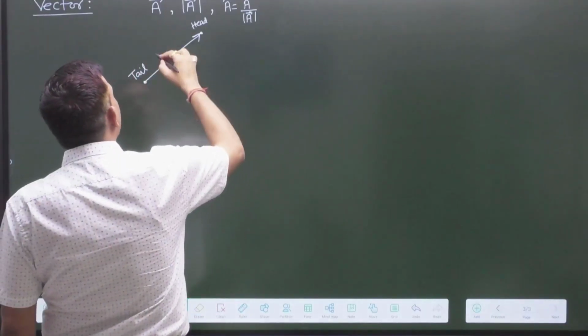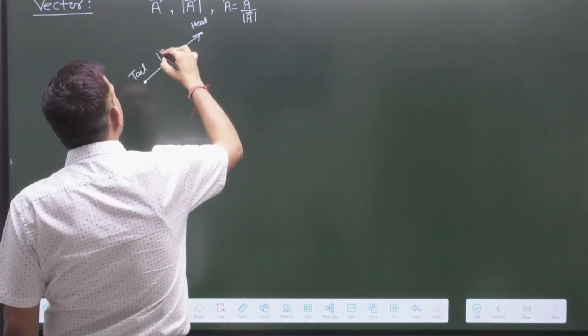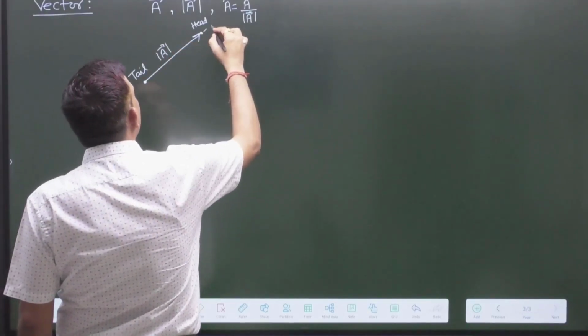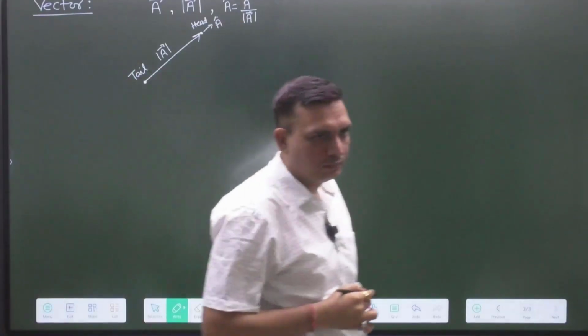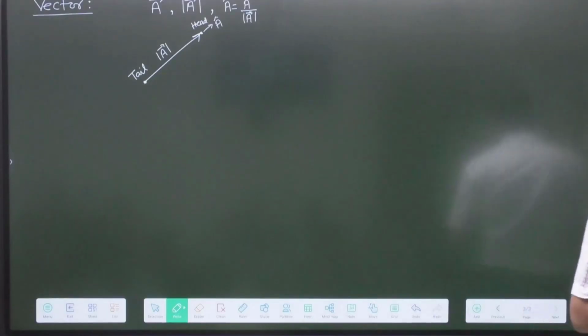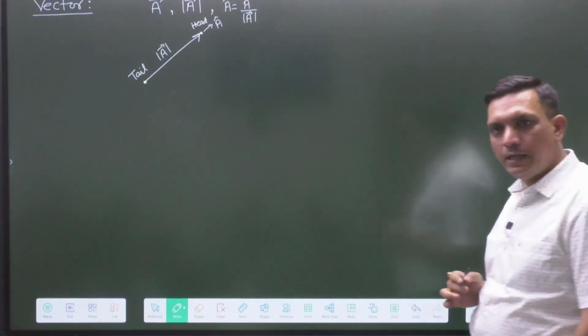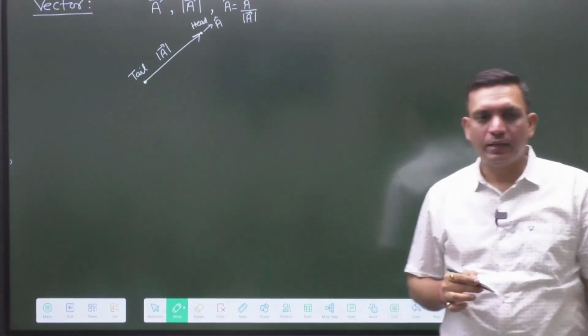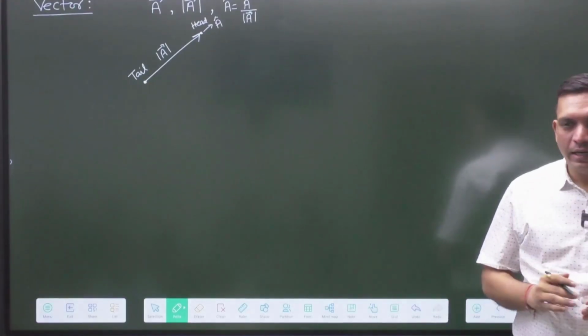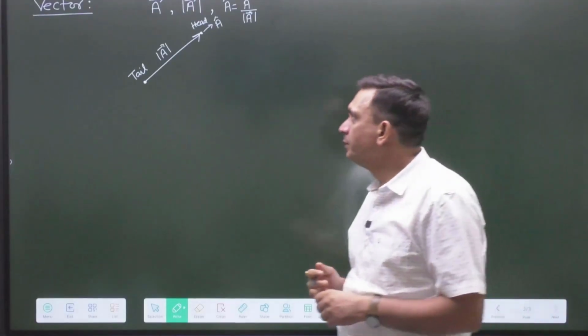This length represents the magnitude of vector A and the unit vector is given by A cap, that will be in this direction. So that is the representation of a vector. It can have any magnitude or any direction.